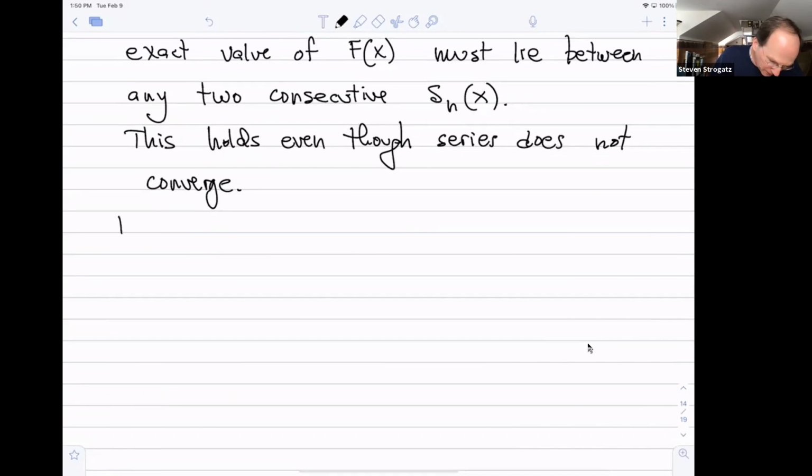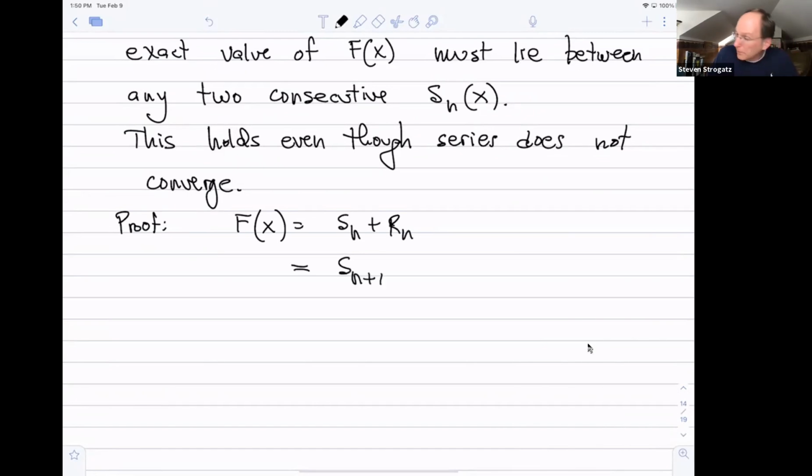So just a tiny proof of this little fact. We know that f of x is, on the one hand, the nth partial sum plus the nth remainder, but it's also equal to the n plus first partial sum plus its remainder. Let's say we're at a place where R_n was positive, but then the next one is negative.